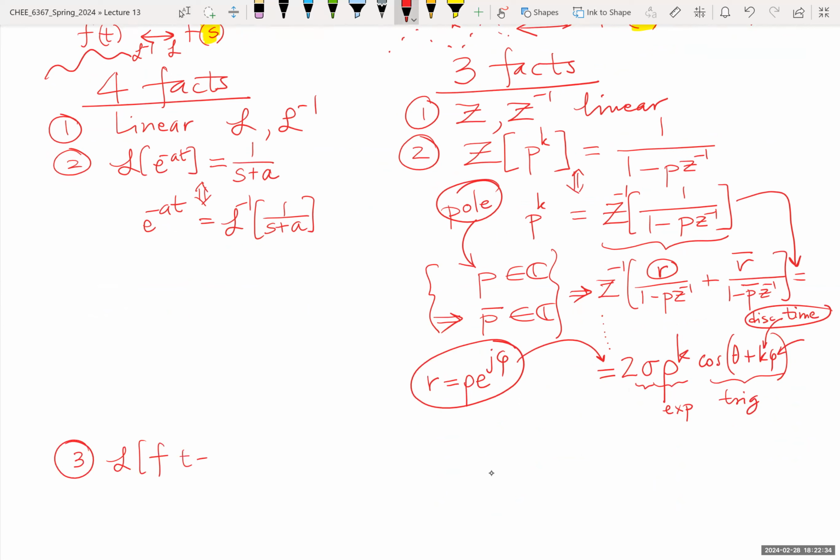So f of t minus theta is equal. Yeah, very good. E to the minus theta s, let me use, instead of theta, let's make sure I don't confuse things, tau d, so td is dead time.